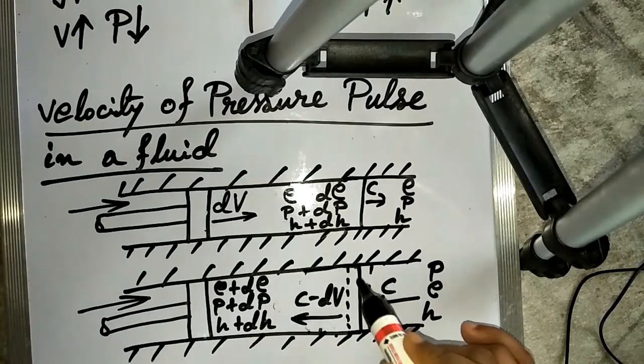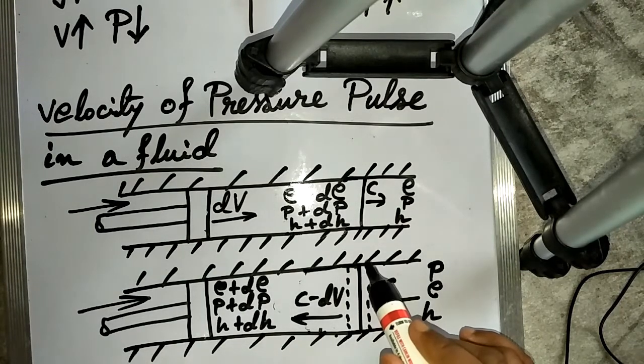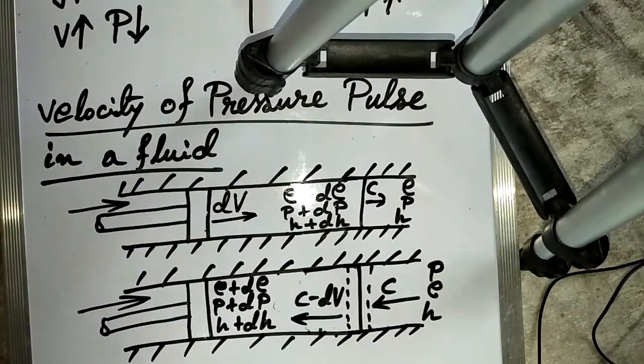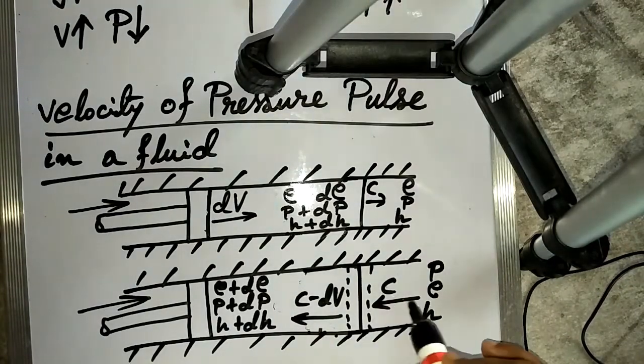Here the observer travels with the wavefront to the right with a velocity c, and the fluid flows steadily from the right to left as it passes through the wavefront, and the velocity is as shown in this figure. So the velocity reduces from c to c minus dv. This is the velocity beyond the wavefront.